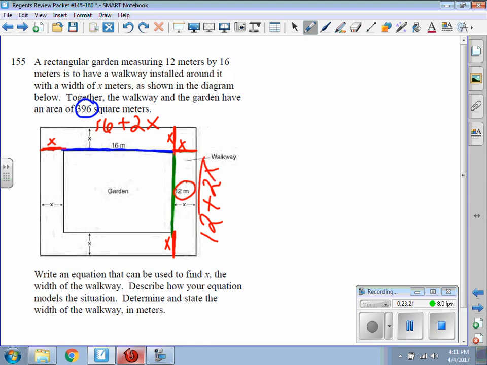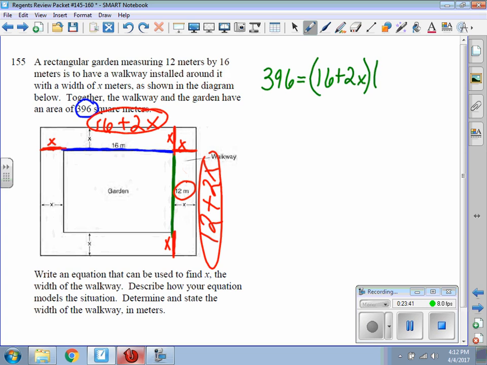Now I've got my length and my width, and I can write an equation for the area of the entire shape. So my area is 396 equals my length, 16 plus 2x, times, so I put parentheses around it, my width of 12 plus 2x.